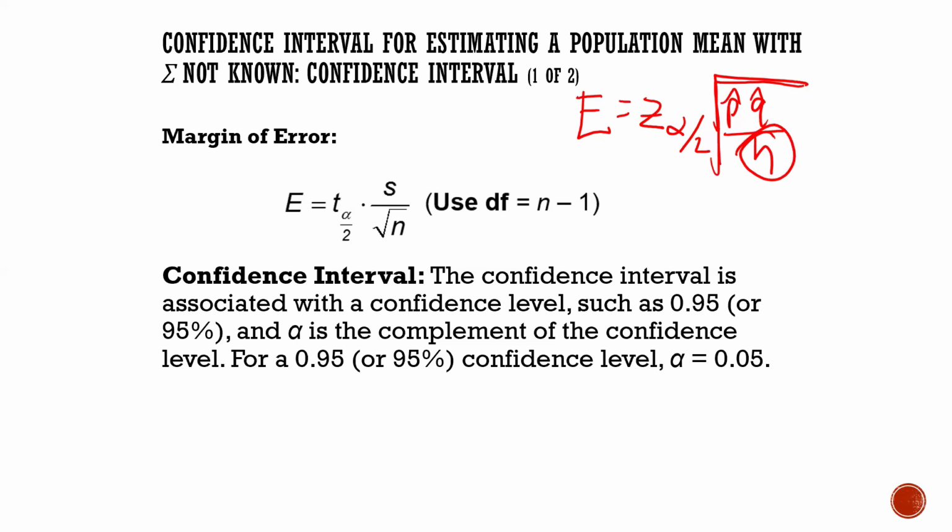We don't know the standard deviation of the population, so we say our best, however biased, guess is our sample standard deviation. And remember, T alpha over 2 is going to depend on two things: degrees of freedom and your confidence level.